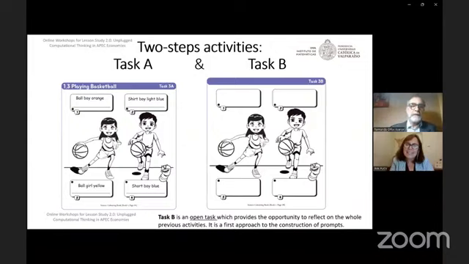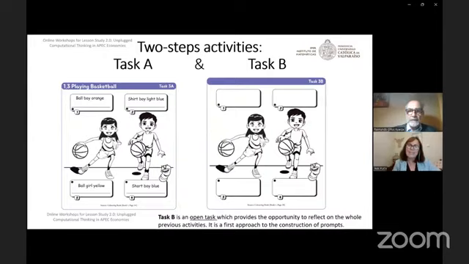Yes, this chapter 1 is related to computational thinking. The chapter includes pairs of tasks. Each task has 2 parts, 2 steps. At the left, we see the first one, task A, and it provides a sentence to indicate to the student what she has to paint.